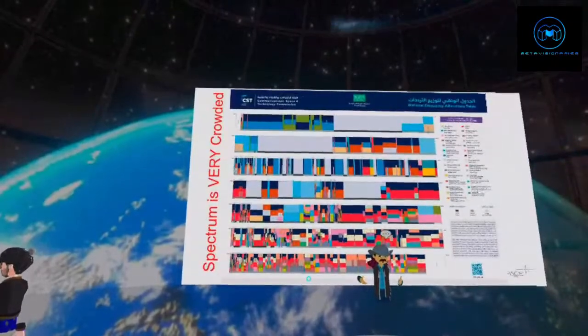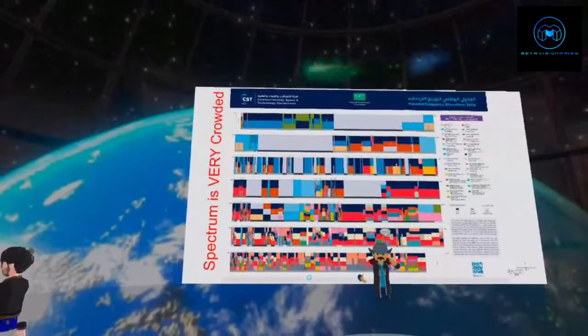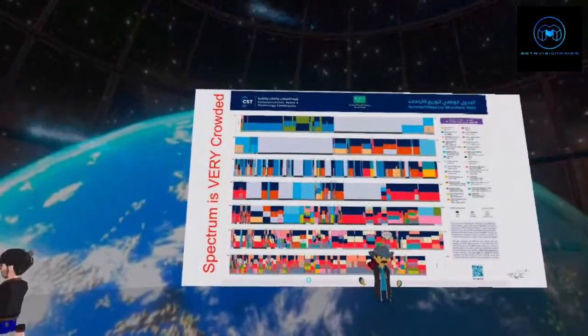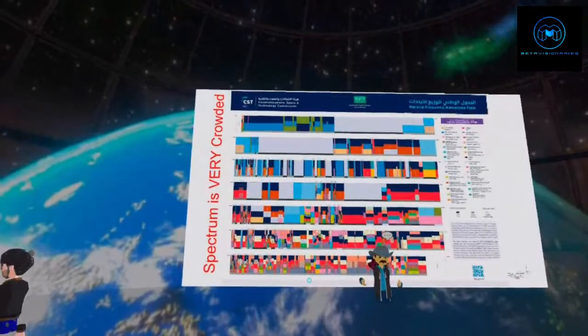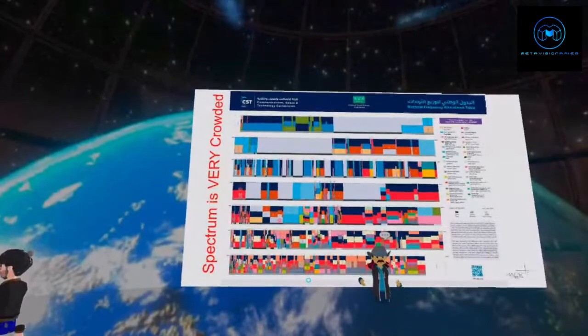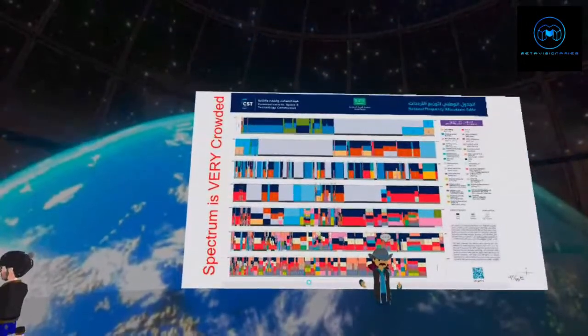And just to show you an example of how complex this is, the recent version that we got off the internet just this week. This is the spectrum allocation of radio frequencies for Saudi Arabia.